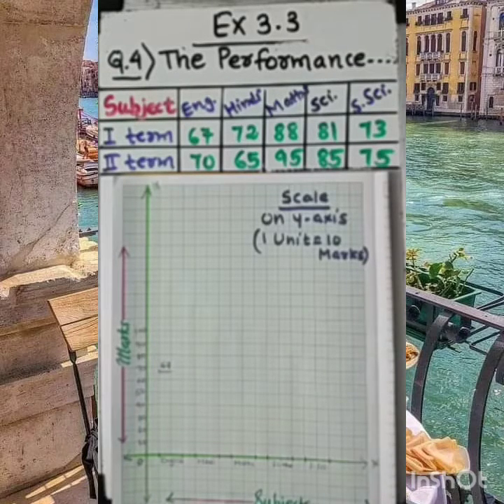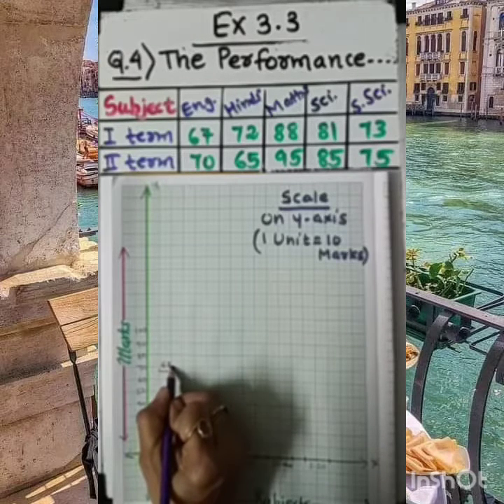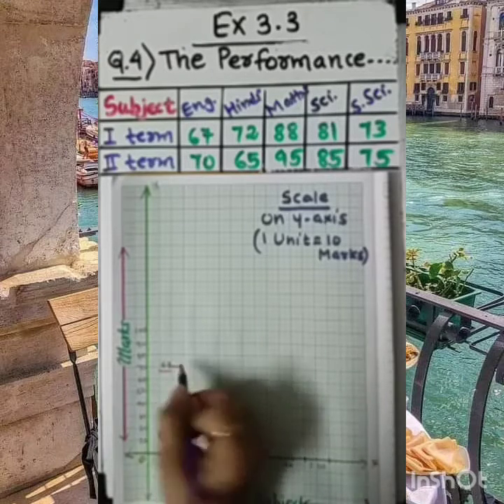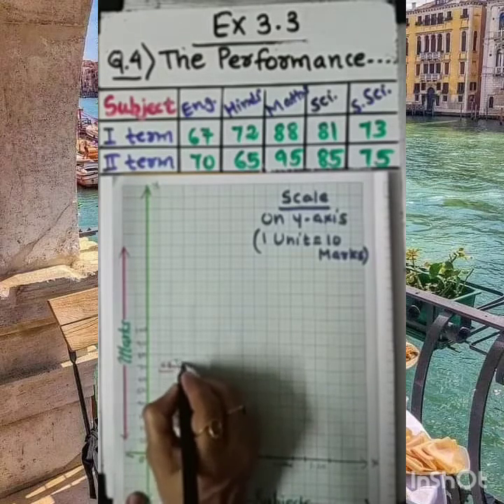Now for the second term, it is 70. So dear student, immediately the next column I am considering as the second term, and 70 is here. It is rounded off and clearly visible. So I need to draw here the straight line indicating 70. Let me mark 70 over here.